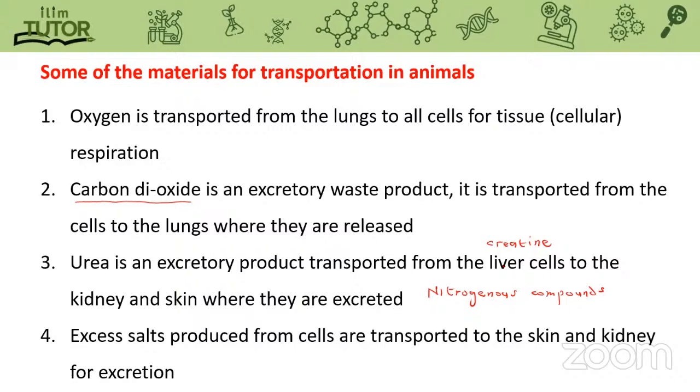Of course, we also have the skin, which serves as an excretory organ, moving out salts and water. Which brings us to number 4, we have excess salts. The excess salts could be sodium salts, they could also be potassium salts. Either way, these two compounds are moved out of the body through a transport system.